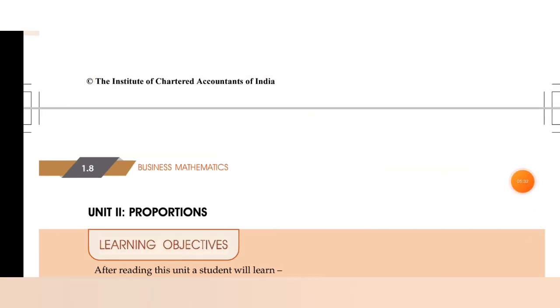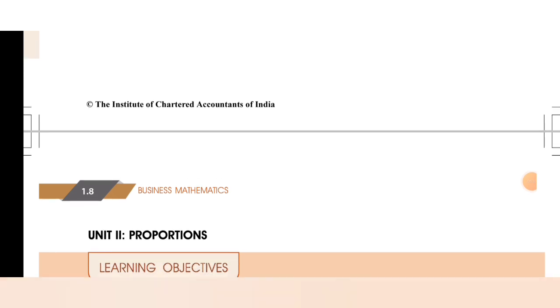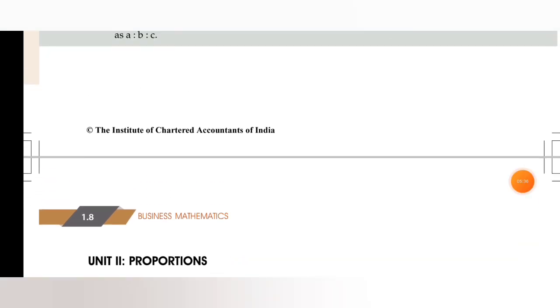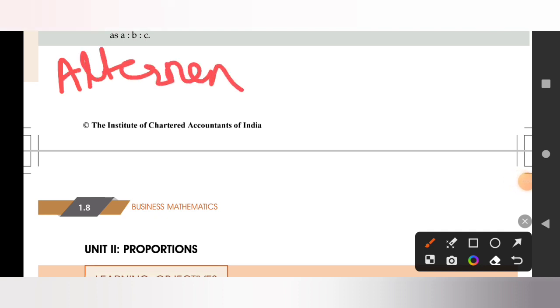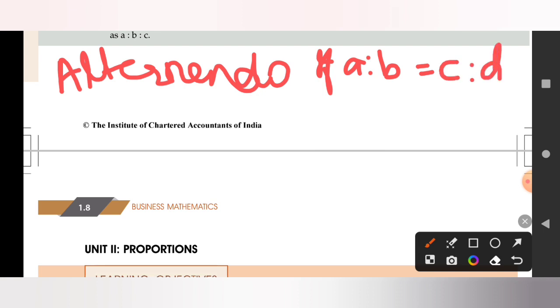Next property that you're going to study is alternando. Again, if A is to B is equal to C is to D, then what is alternando?